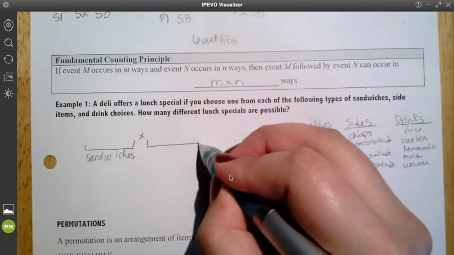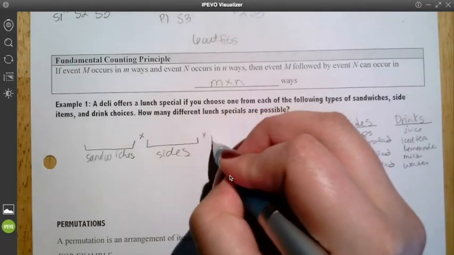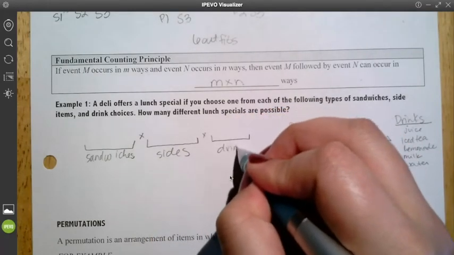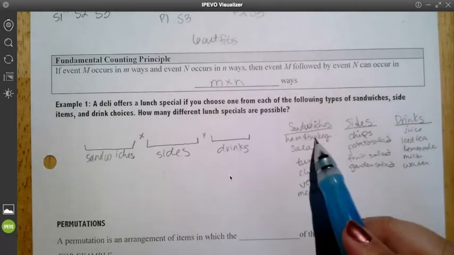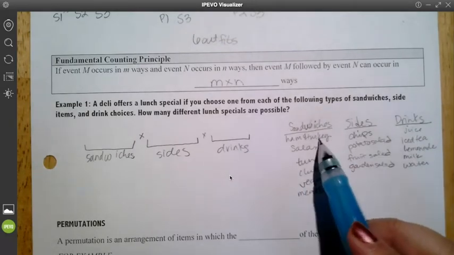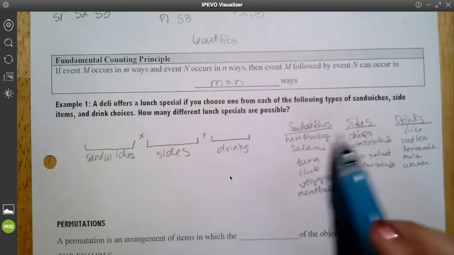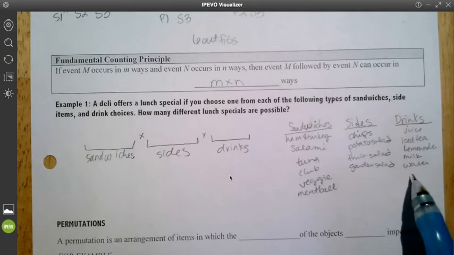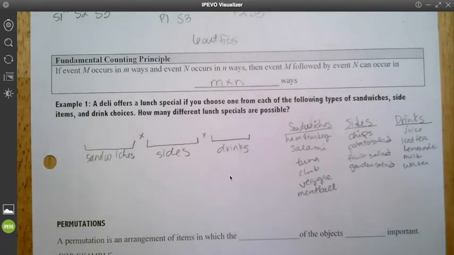Our rule is that we're multiplying. So then we have sides, and the rule is to multiply by drinks. Now, why are we multiplying? Because I can take ham and turkey with chips and juice, ham and turkey with chips and iced tea, ham and turkey with chips and lemonade. So for every option of ham and turkey, I have all of the options for drinks and all of the options for sides. And that's what multiplication does.